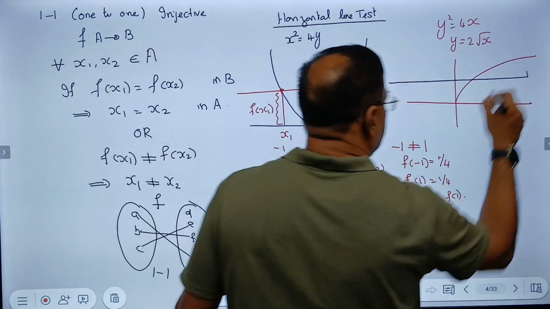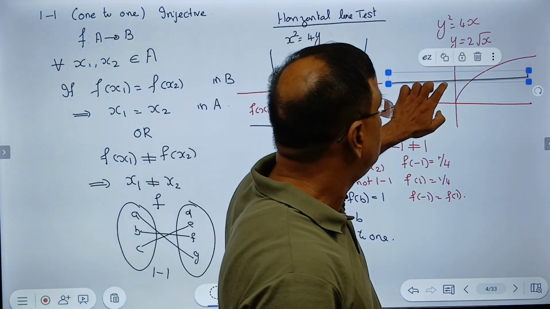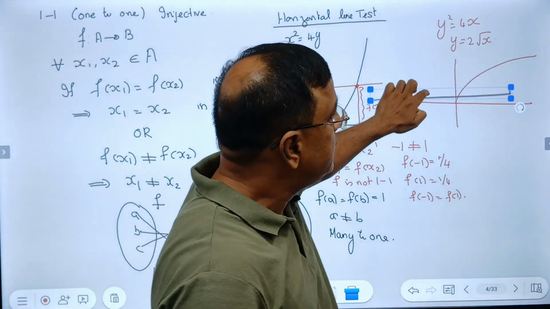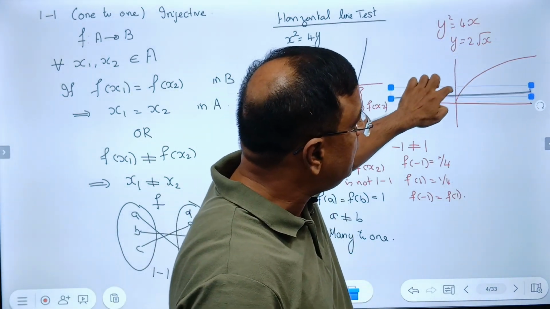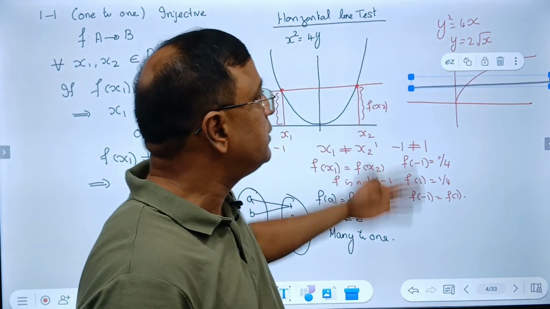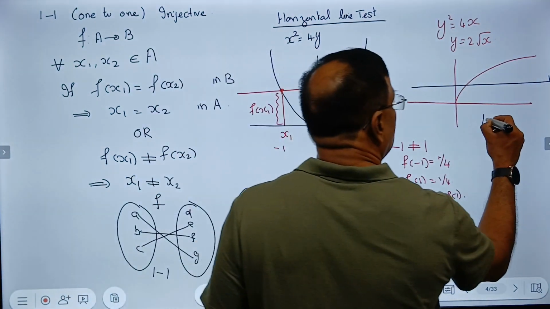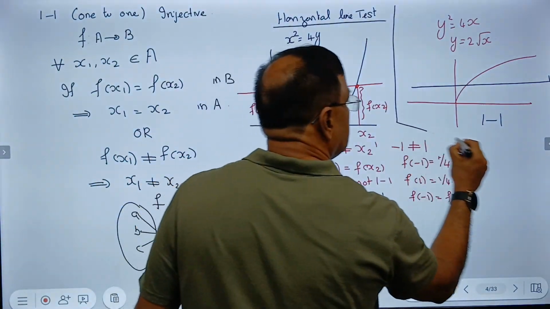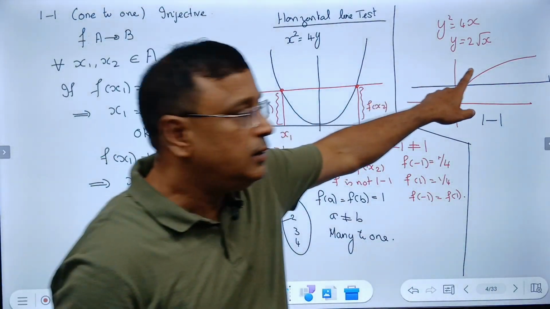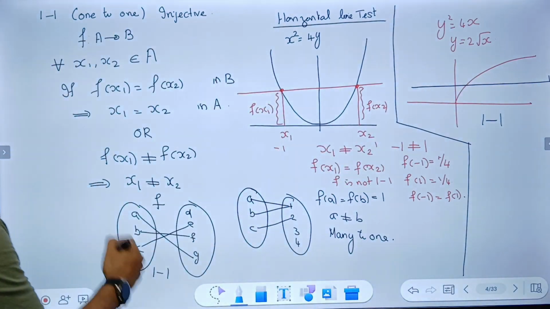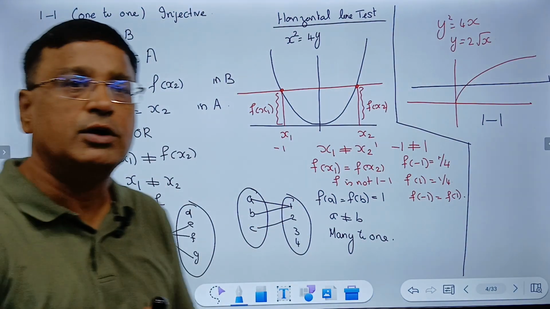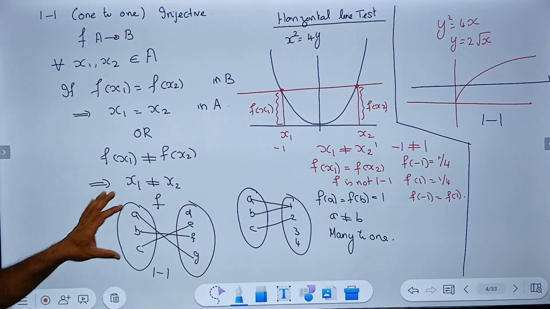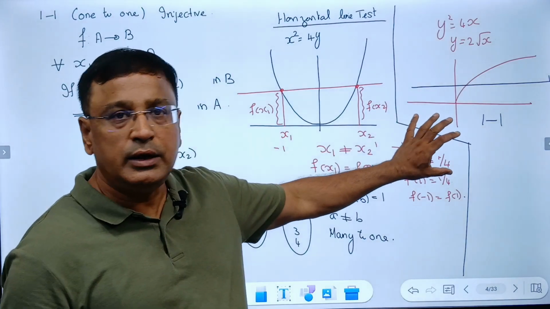If you keep moving it wherever you want, you see it will intersect this graph at exactly one point. So since it intersects the graph at exactly one point, this is a very simple case of a one-to-one function. This is 1 to 1, whereas this is not 1 to 1. I hope you see the difference. Another name for a 1 to 1 function is injective. I hope you understood the definition, and I have given you different ways of looking at an injective function.